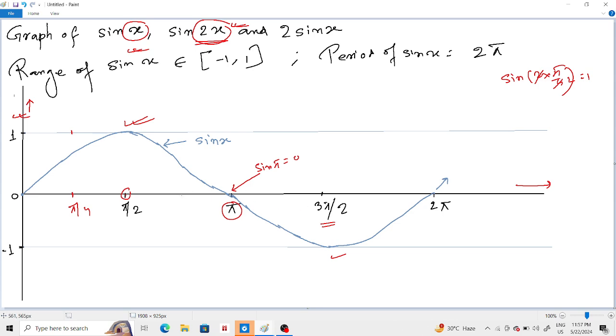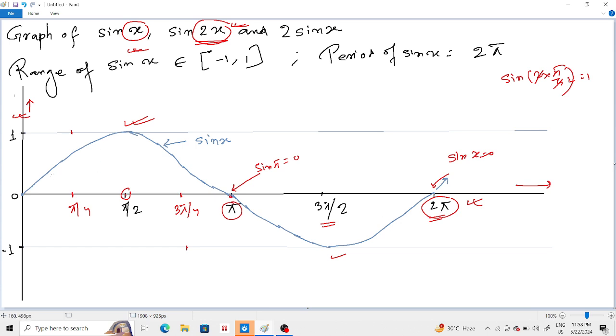And 3 pi by 4 is a value that comes over here, so it is going to touch this particular point. What about 2 pi then? Sine x has touched 0 value at 2 pi. So sine 2x is going to touch 0 value, but at half the distance of 2 pi. That means it is going to be pi, which is this.